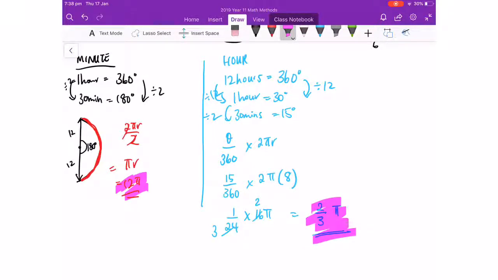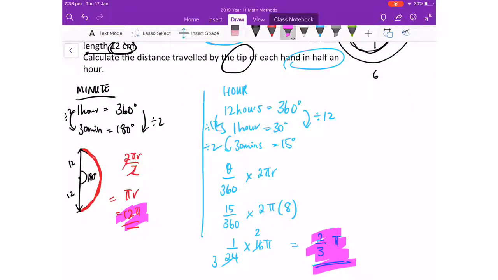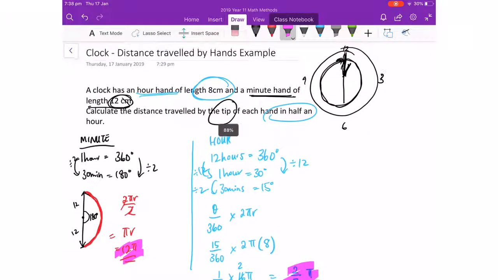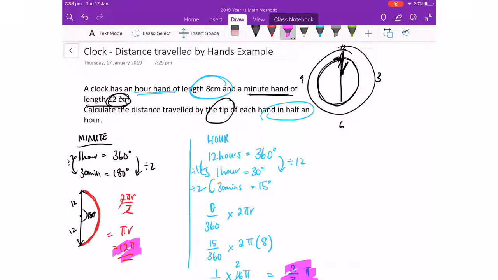So you can see that I've used exact values in this question where I've broken it down. Let's go back to the beginning. I've got the lengths. I found out how many degrees the minute hand moved and the hour hand moved. From there I found out how long it took for the whole revolution, and therefore how much it would move in half an hour.